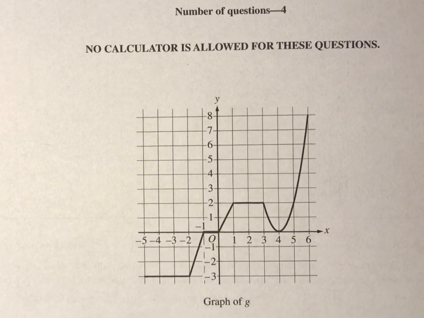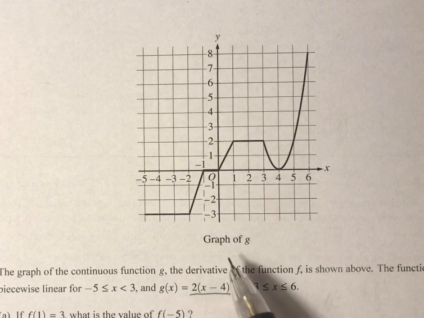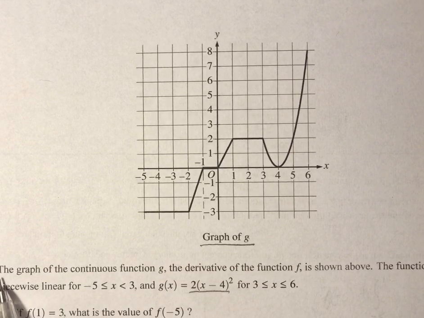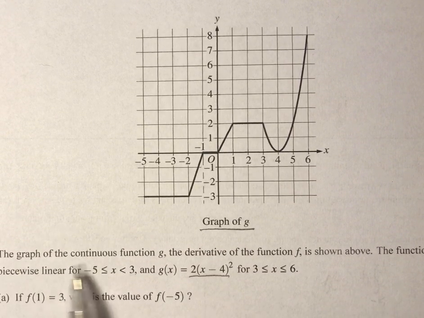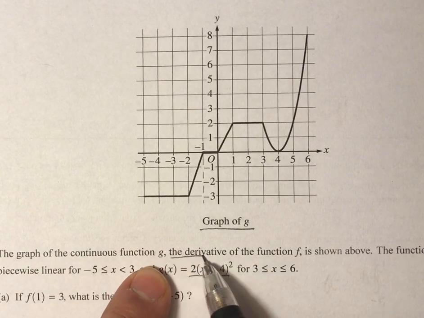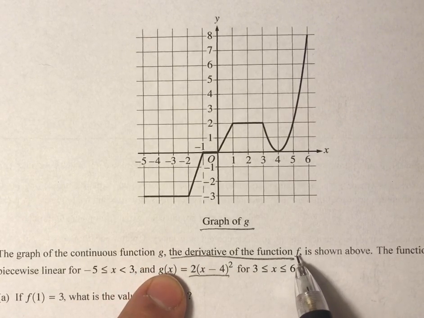The first thing I'd like you to notice is that when you're given the graph of g, you want to read very carefully to see what g actually is. And g is defined to be the derivative of f.